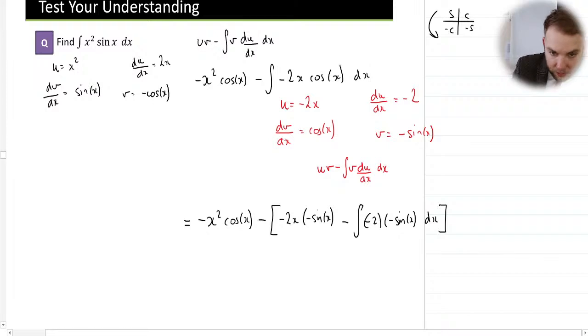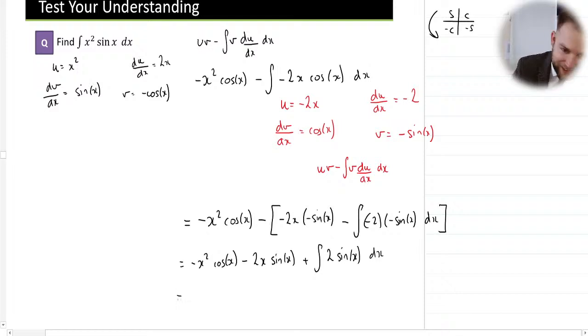Okay, so this is equal to minus x squared cos of x minus minus is going to be plus 2x, minus again, so that's going to be minus 2x sine of x plus the integral of 2 sine x with respect to x, and then we've pretty much got it: minus x squared cos of x minus 2x sine of x.